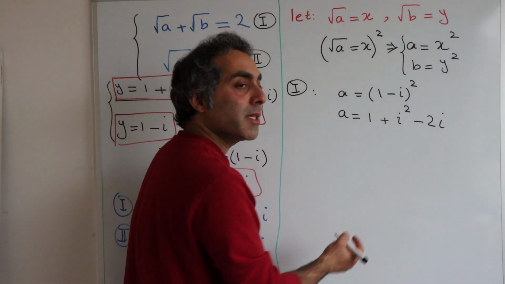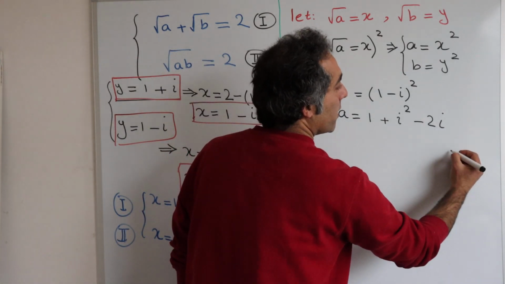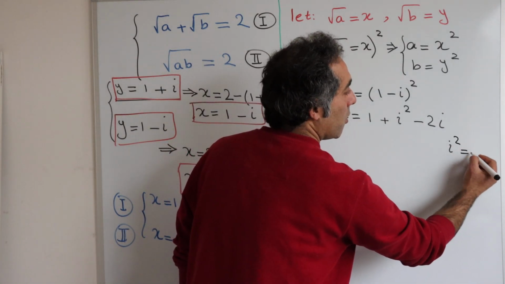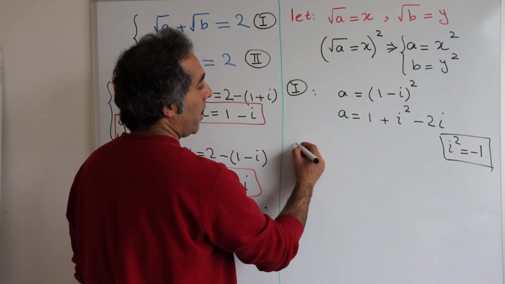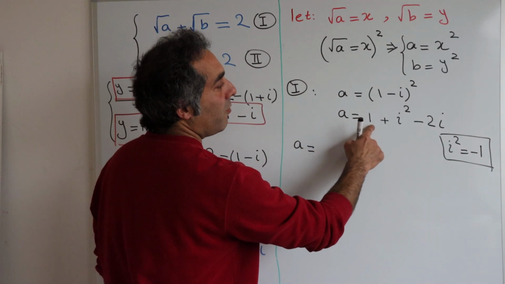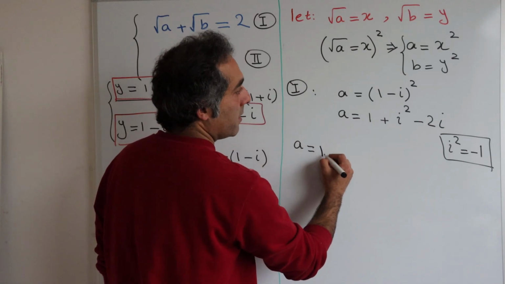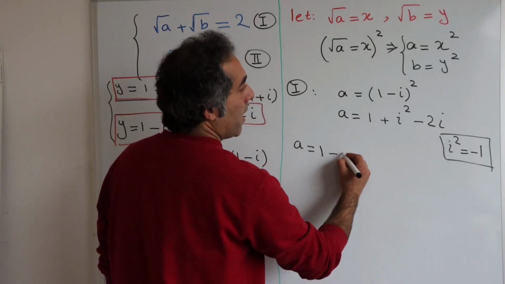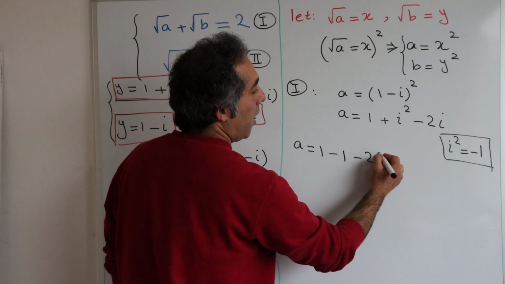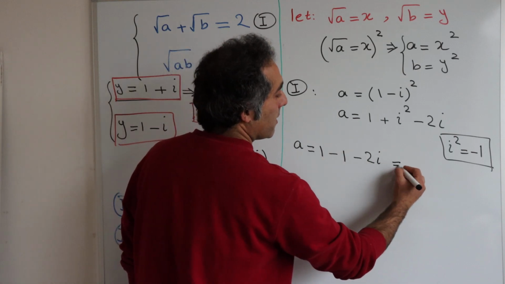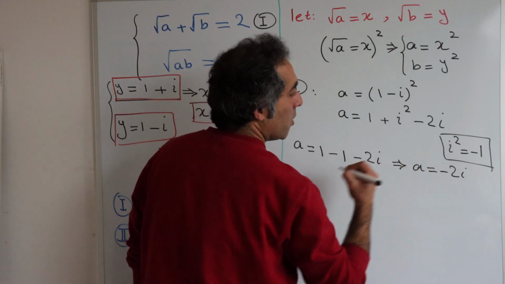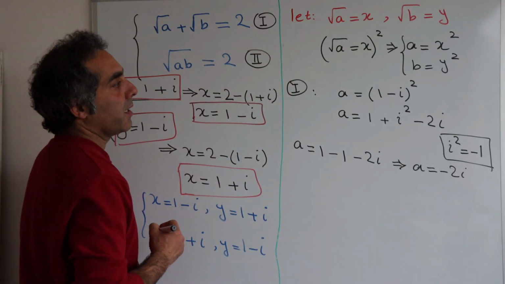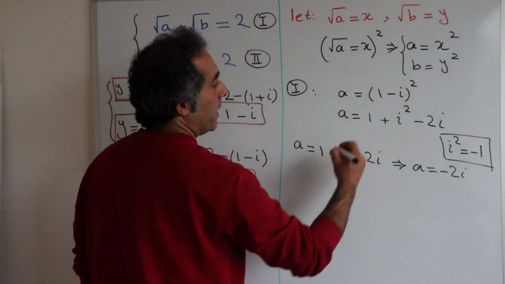But i squared, as our definition, is minus 1. So I can write a as 1 minus 1, these are cancelled, and then minus 2i.